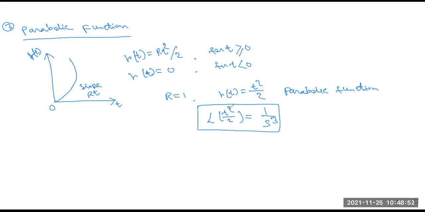The Laplace of 1 is 1 by s. The Laplace of t, a ramp function, is 1 by s square. For the parabolic function, the Laplace of t squared by 2 is 1 by s cube, and so on. There are lots of functions available in the Laplace transform table.